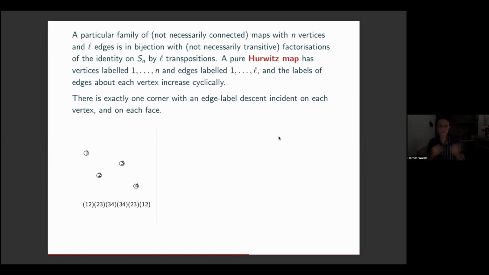And the reason we're interested in this in the context of transposition factorizations is that there's a way of constructing a map related to each transposition factorization.